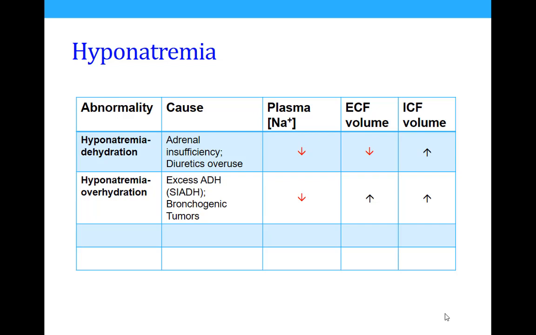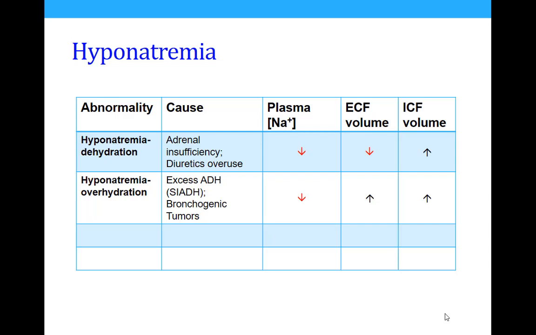Hyponatremia with dehydration: adrenal insufficiency. So you are having lack of aldosterone. When there is lack of aldosterone, you cannot reabsorb sodium from the kidney. Sodium is going out in the urine. So there will be hyponatremia. It will take some water with it. So you have hyponatremia and dehydration.